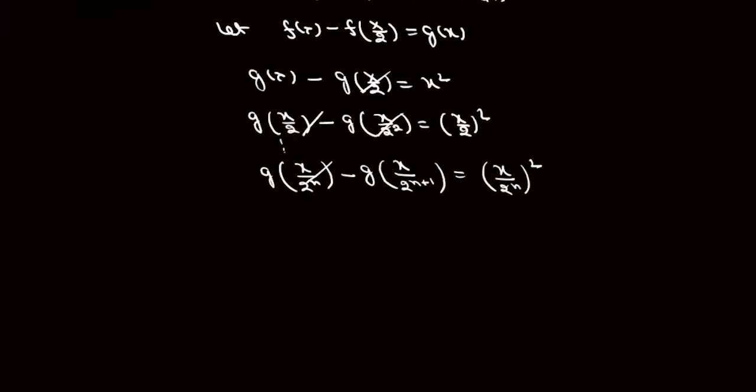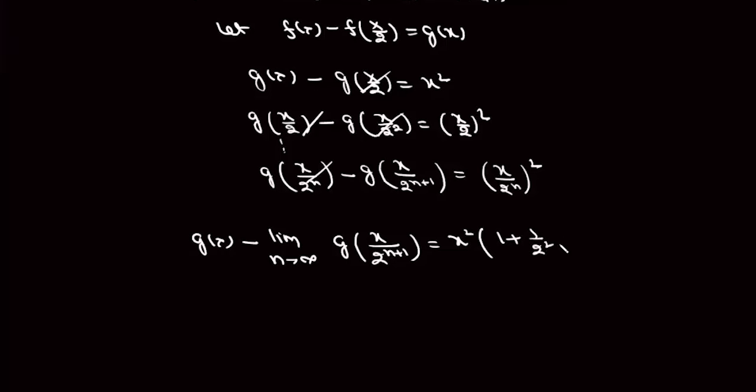And because we need g(x), what we'll do is we'll take g(x) minus the limit n tends to infinity g(x upon 2 to the power n plus 1). And then we'll have this infinite GP, which is 1 plus 1 by 2 square, 1 by 4 square, to 1 upon 2 to the power 2n, up to infinity. Now this is g(0).